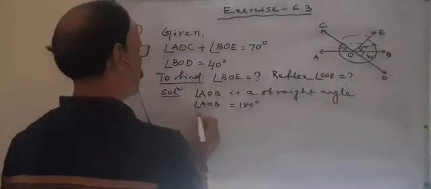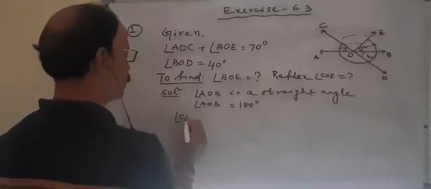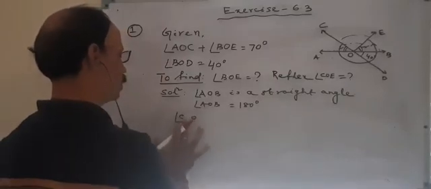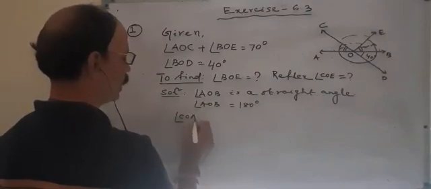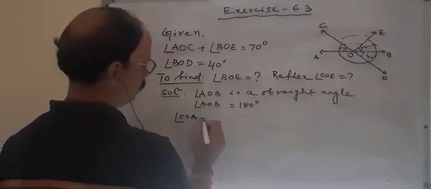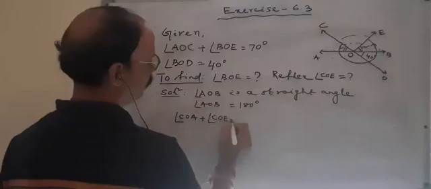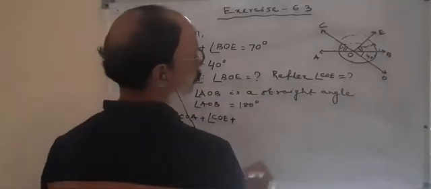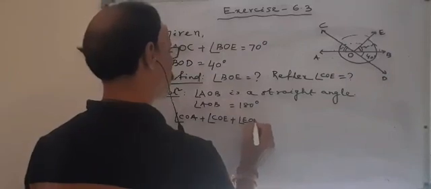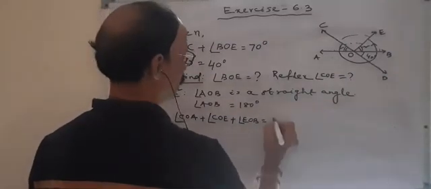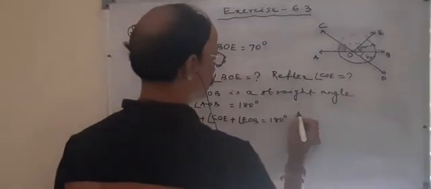So let's write down, in place of AOB, we can write angle COA plus angle COE plus angle EOB equal to 180 degrees. Why did we write this?